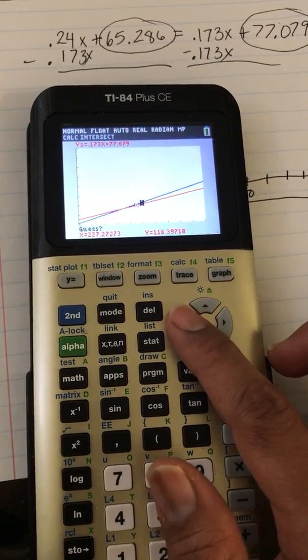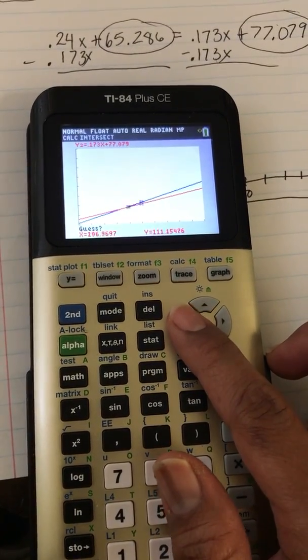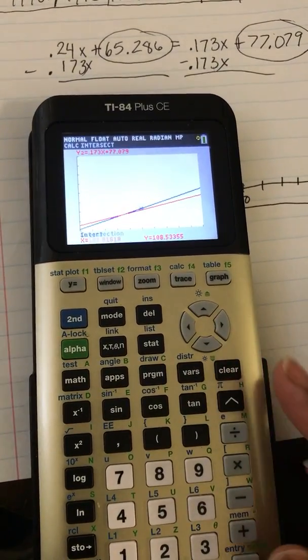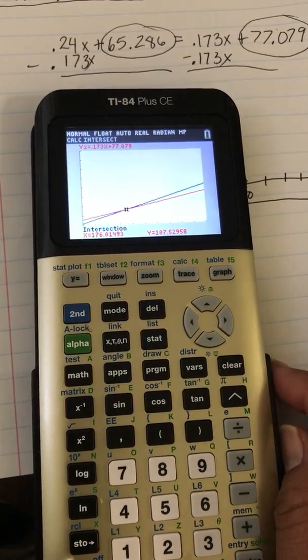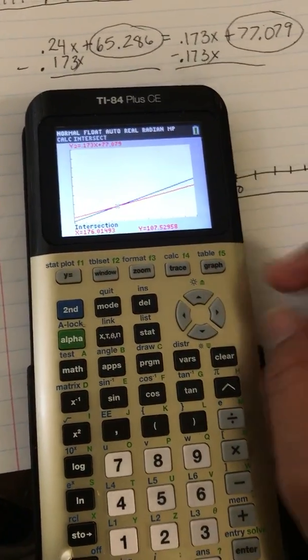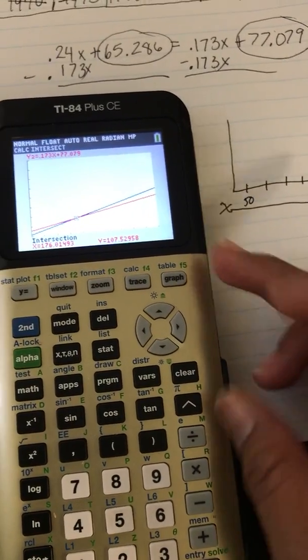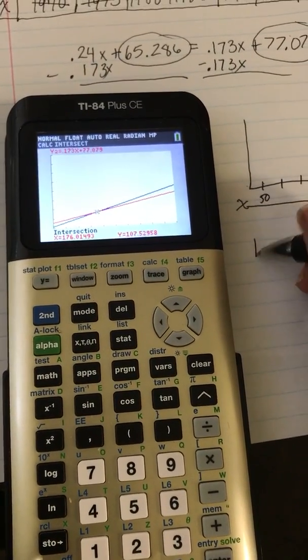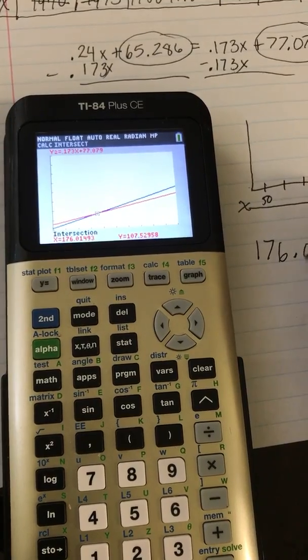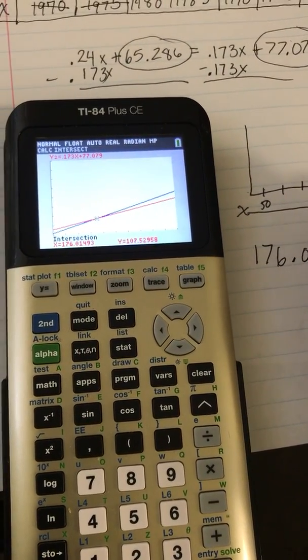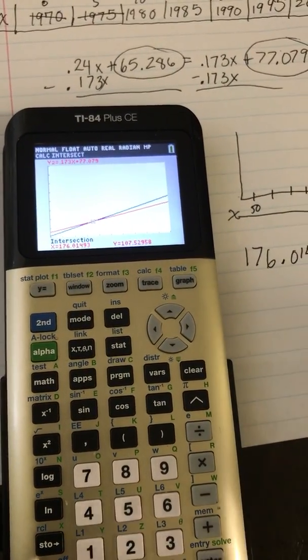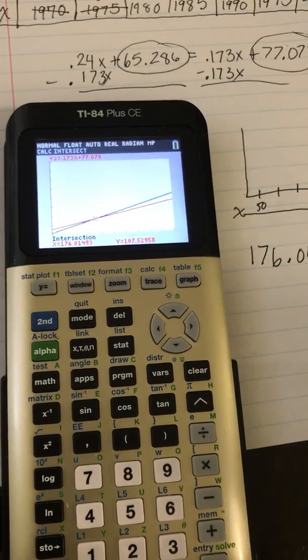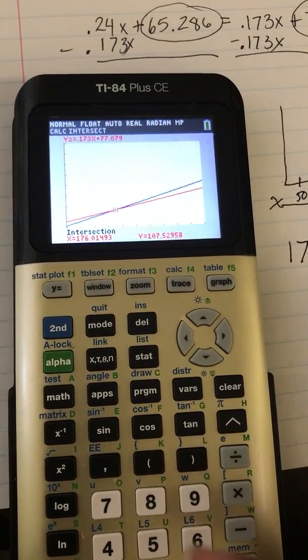You can click the right arrow until you get a little closer to the intersection. Now it does say that the intersection happens at around 176.0143.